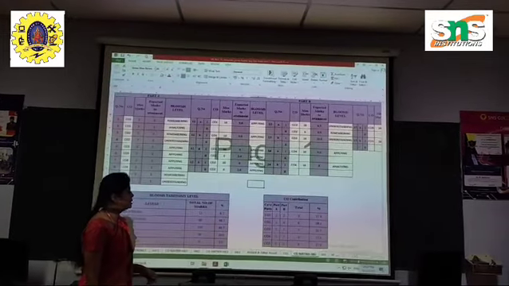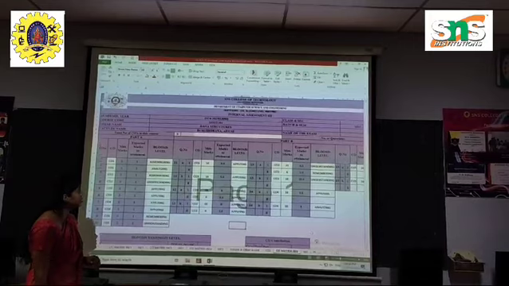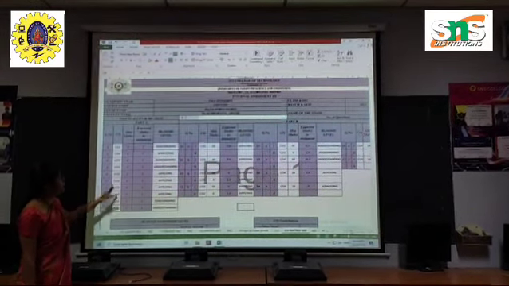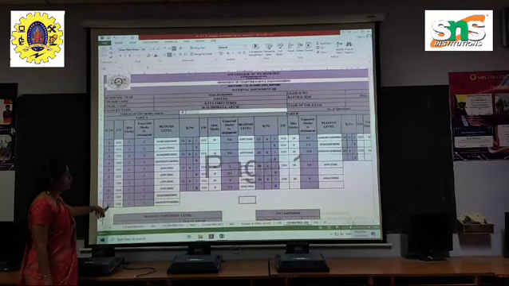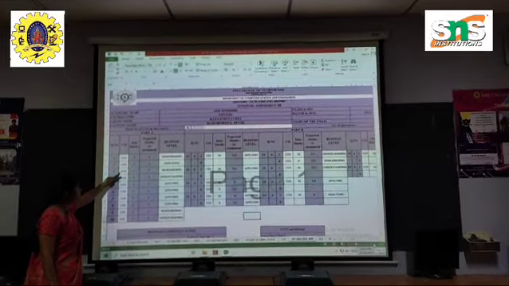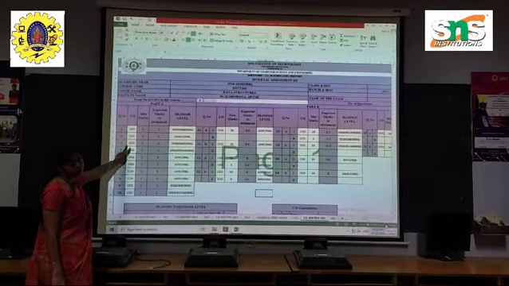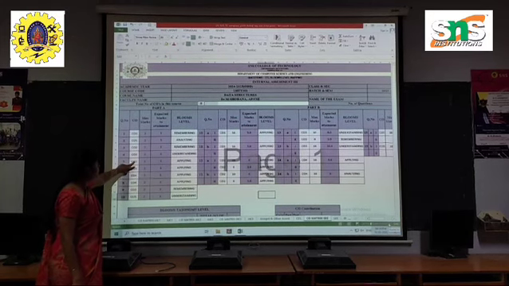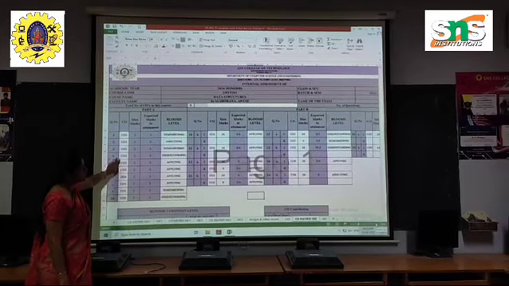So the next sheet is the end semester sheet. In the same way we have a pattern, part A and part B. In part A we have 10 2-mark questions. The first question comes under CO1 and the second question is CO2 and the third is CO3, in the same fashion.